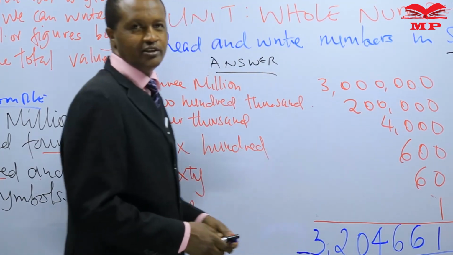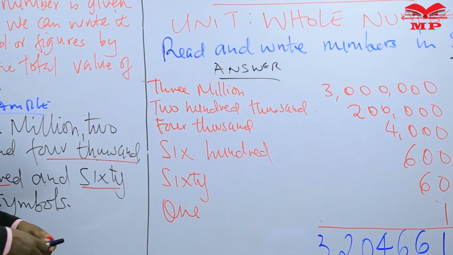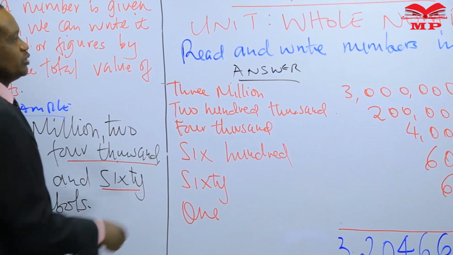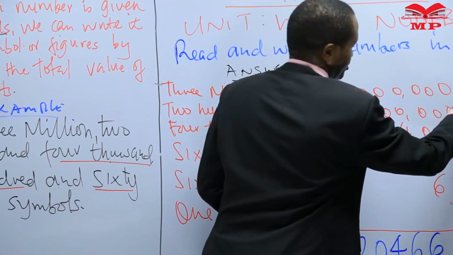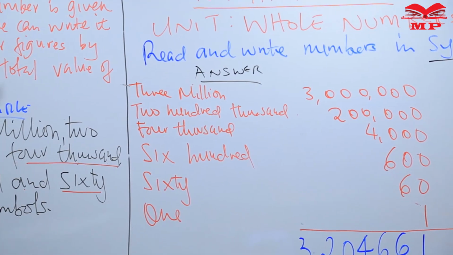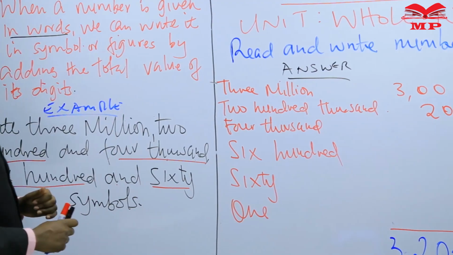Very good. That is how to read and write numbers in symbols. We have learned today how to read and write numbers in symbols. I've shown you how it's supposed to be done. We have done together 3 examples.